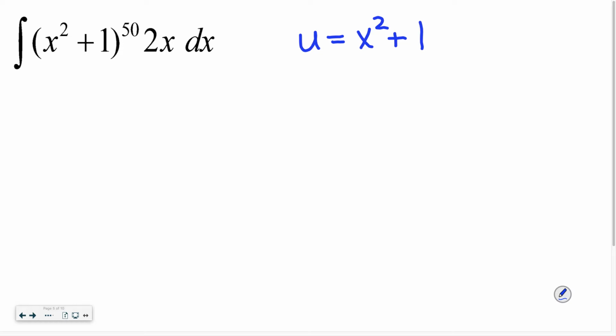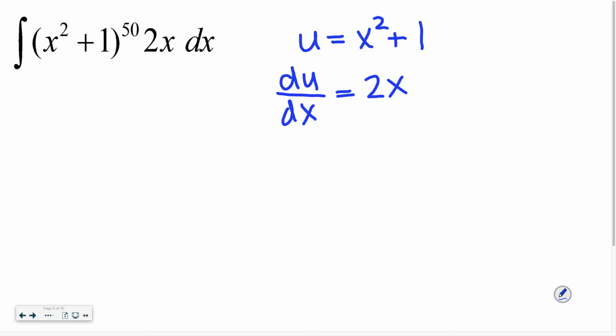We then need to differentiate using differentials. Okay, so don't write this down right this second because I want to remind you what we did with differentials. So if we're taking the derivative with respect to x, we would write du over dx equals 2x, right?